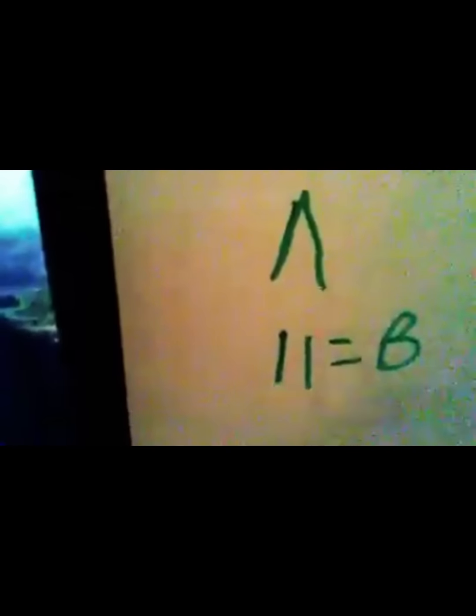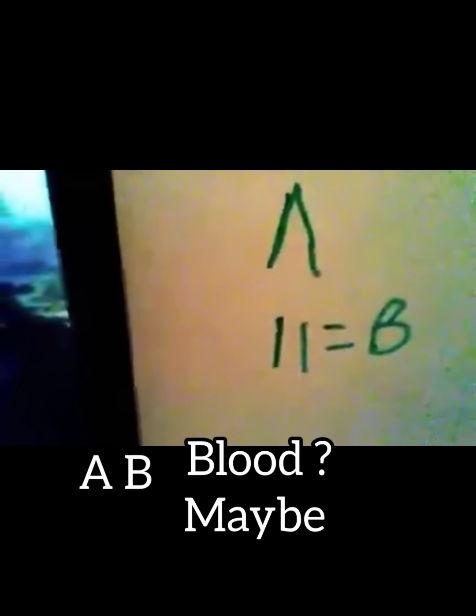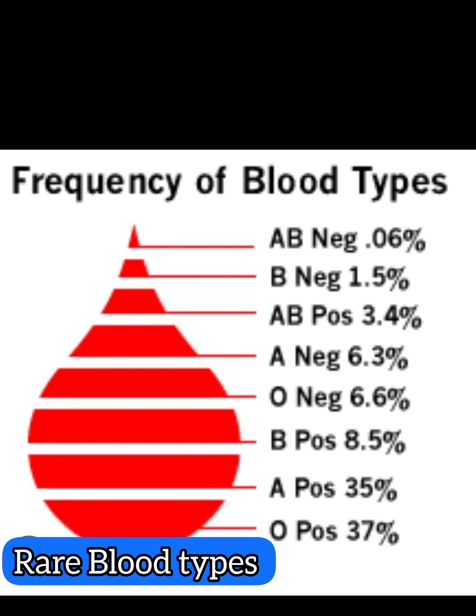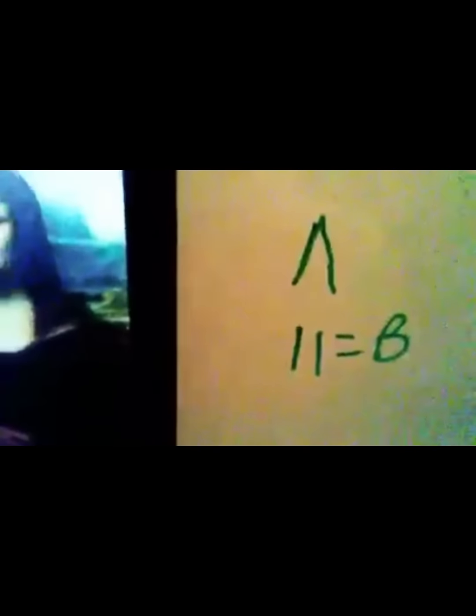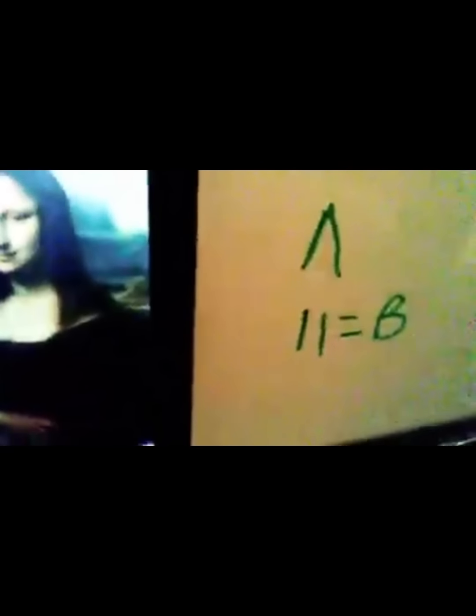And he formed an A with how many fingers? A what? A B. A B what? Is that a bloodline? Don't you know there's a bloodline of the AB blood?